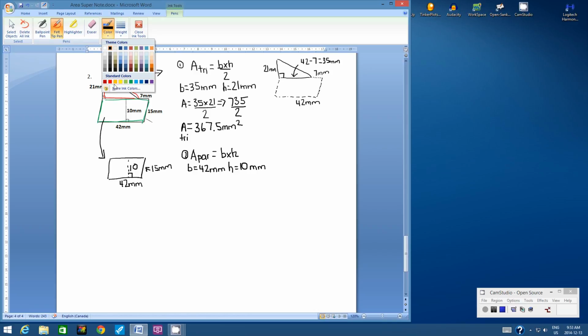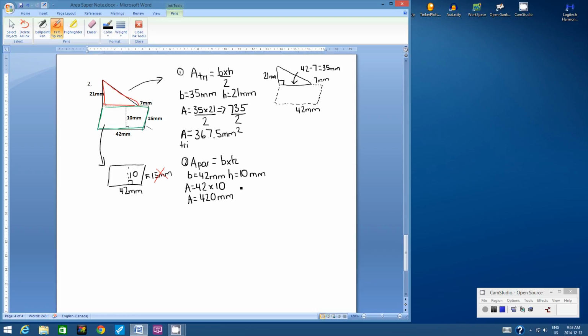Remember, we already determined that this measurement is not needed. It's unnecessary. Substitution line, area equals 42 times 10. Now, hopefully you don't need a calculator for this. Area equals 420 millimeters squared. Oops.